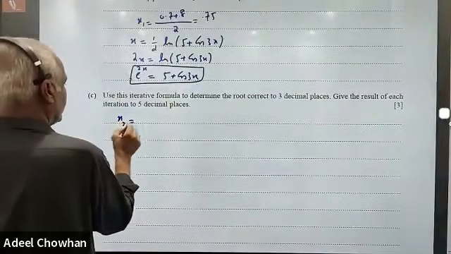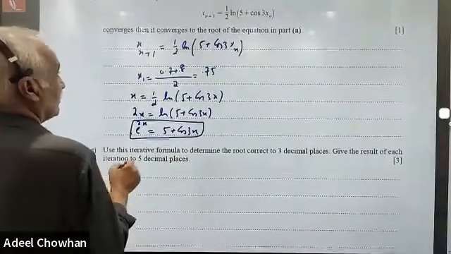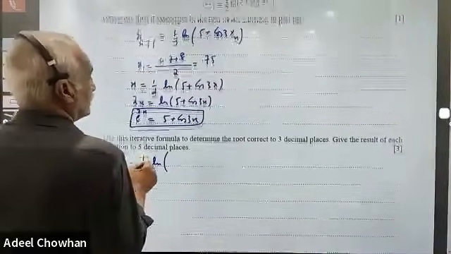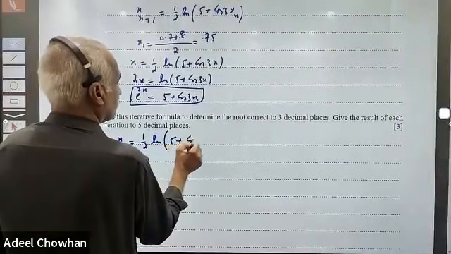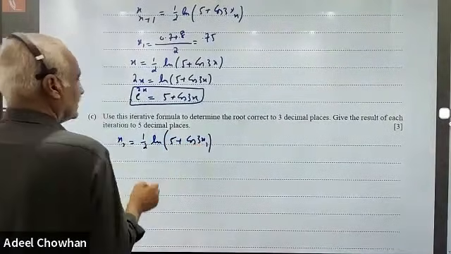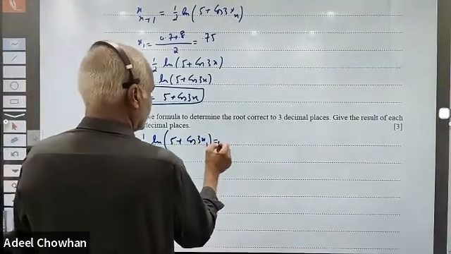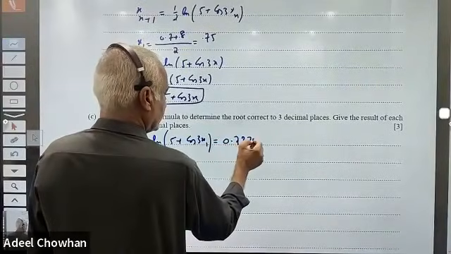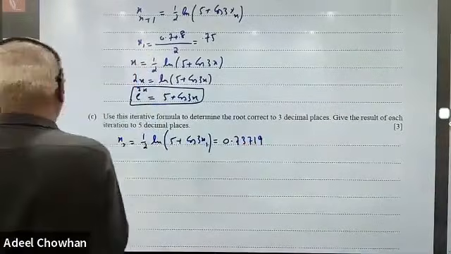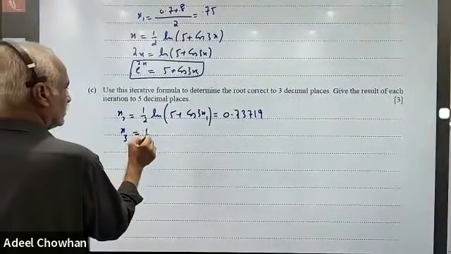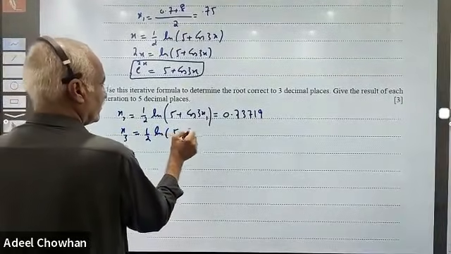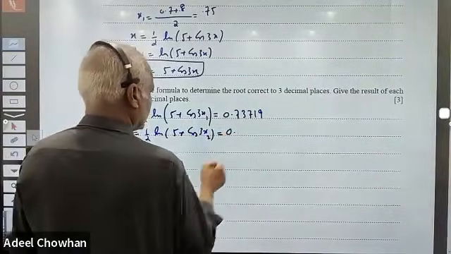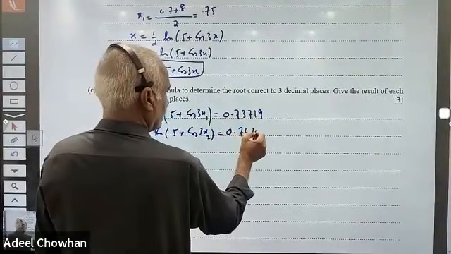So x2 will be half ln of (5 + cos 3x1), and x1 is 0.75, and that value is 0.739. x3 will be half ln of (5 + cos 3x2), 0.74.